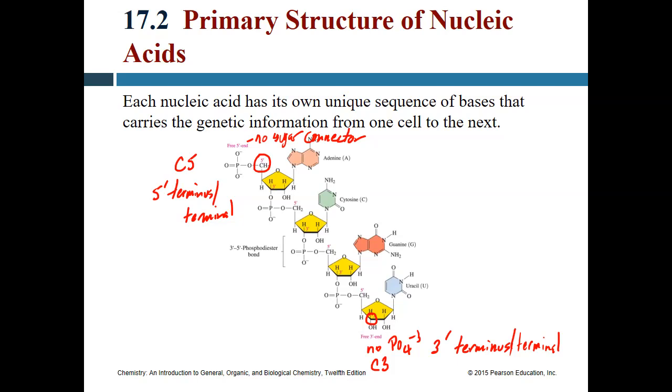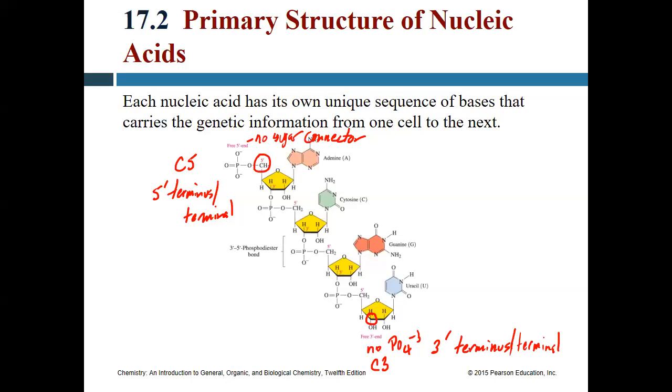And depending upon how the DNA is drawn, it's either going to be kind of top and bottom like this one is, or it's going to be left and right. And so you just got to pay attention to the notation here, because they'll usually give you at least some kind of clue about it.